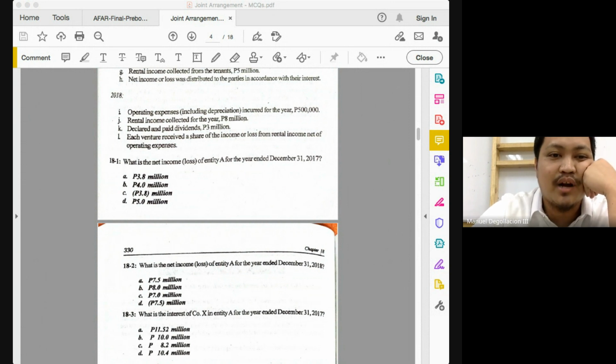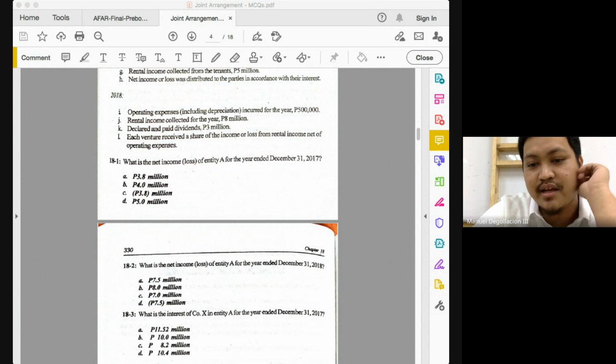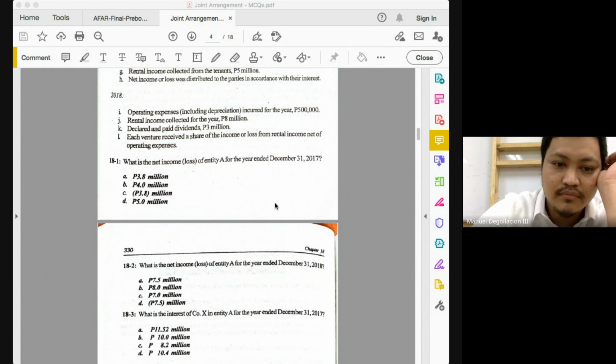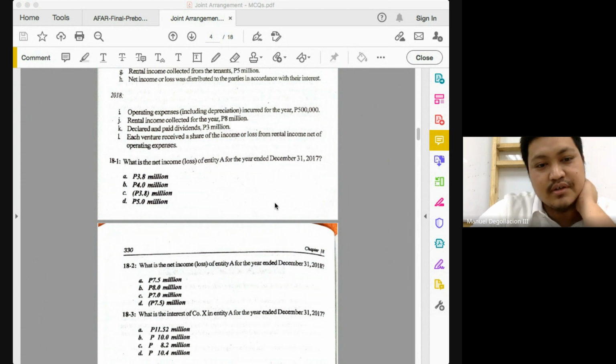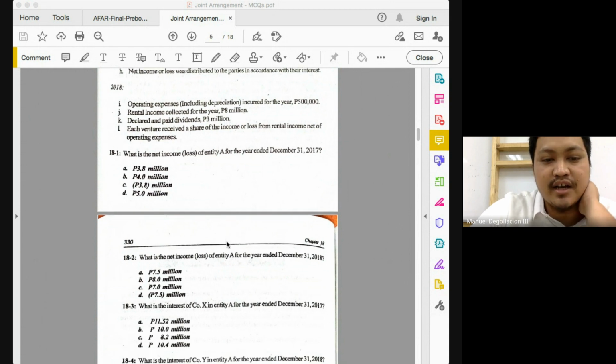So we start with our rental income of 8 million, and the only expense here would be our operating expenses amounting to 500,000. So the net income here would be 8 million minus 500,000, which will give you 7.5 million. Okay, so that will be the answer for 18-2.